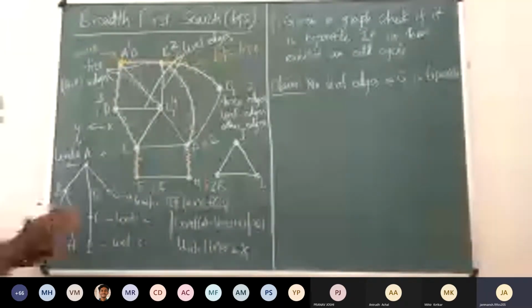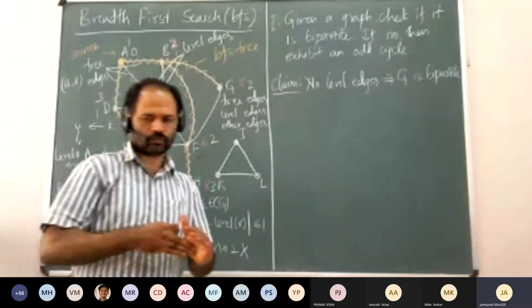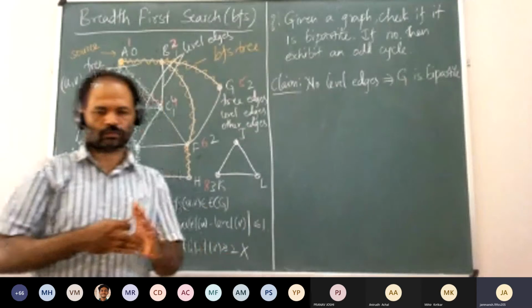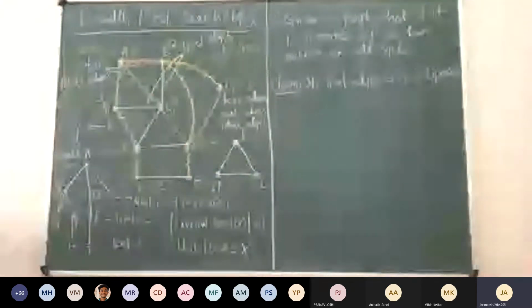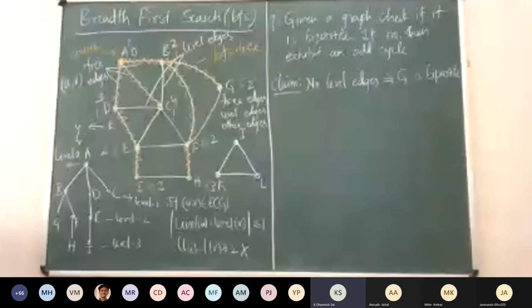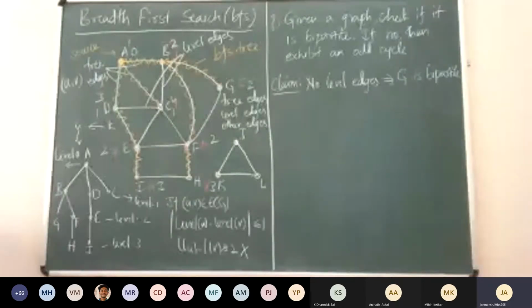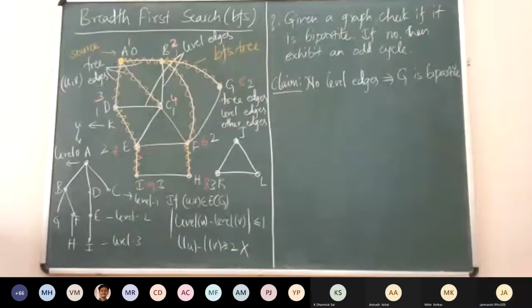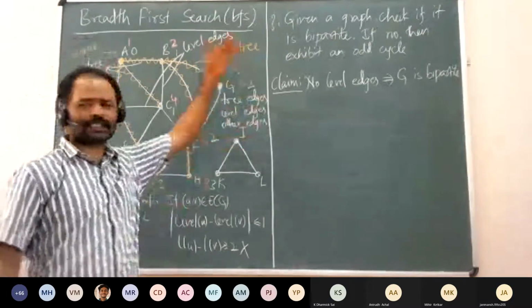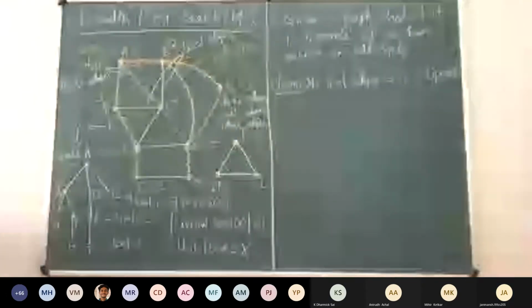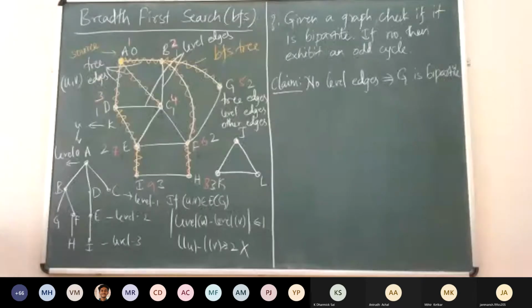Do we also say that every vertex should belong to one of the groups? If some vertices do not have an edge at all, you can put them in any group. Those are isolated vertices. I should have said that you can assume that the graph is connected.